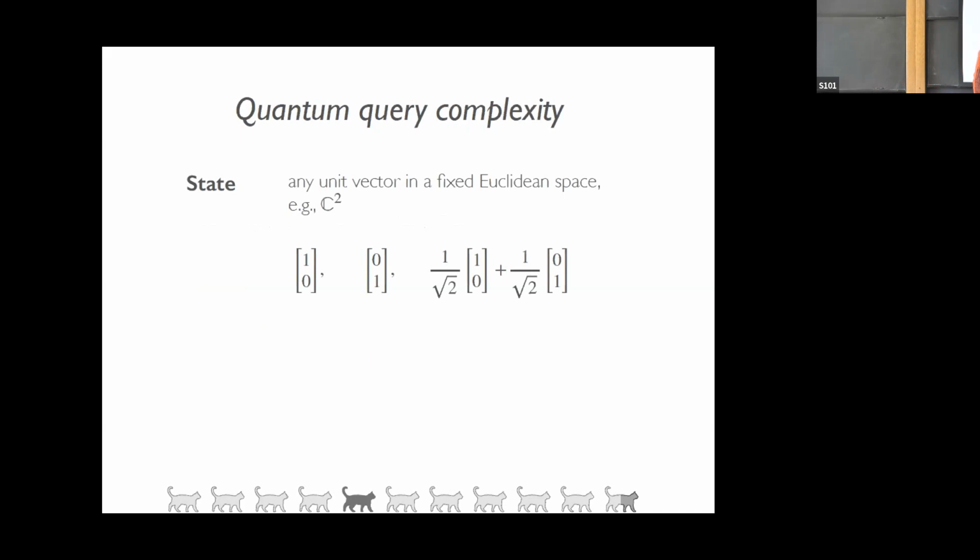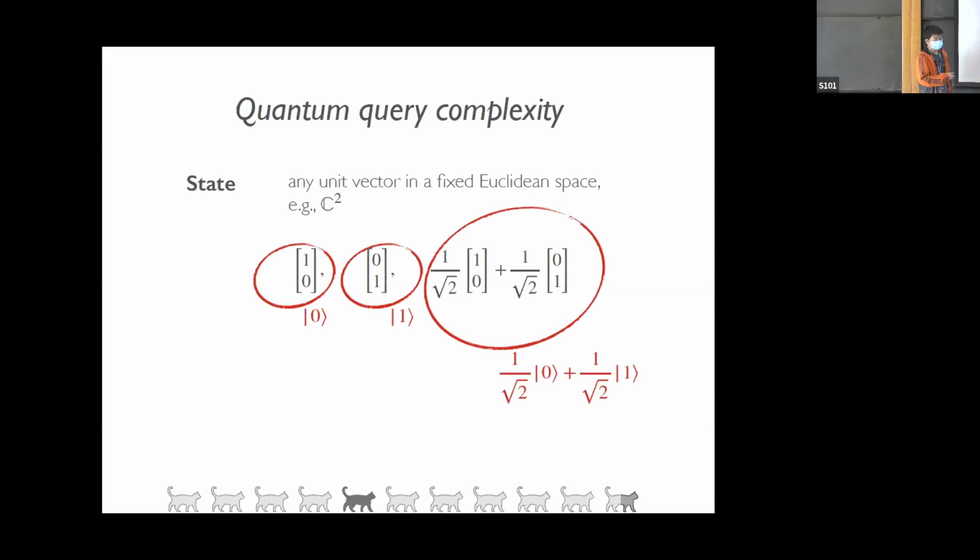For example, (1, 0) and (0, 1) are the standard basis of this space C^2. The standard basis is used to represent the classical states of a bit, 0 and 1, respectively.